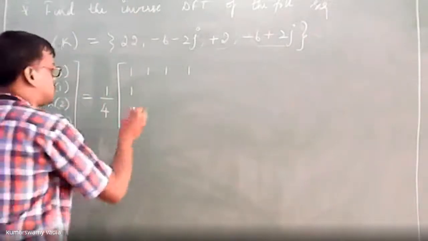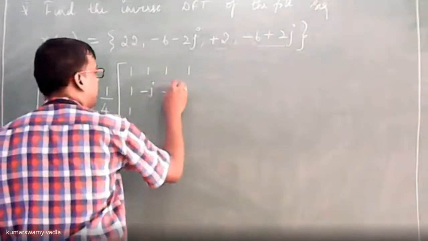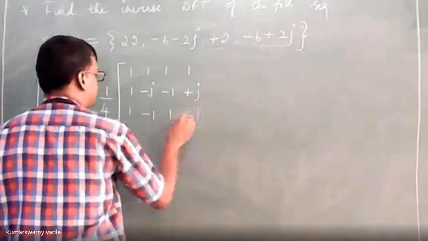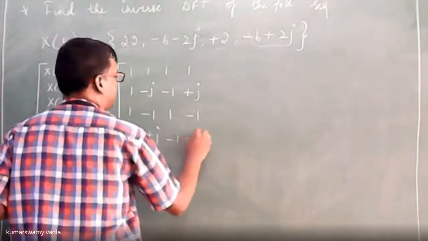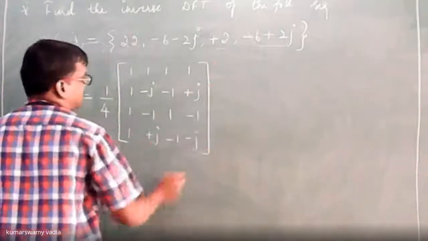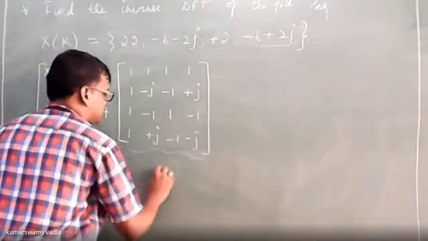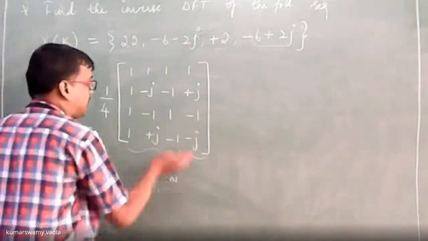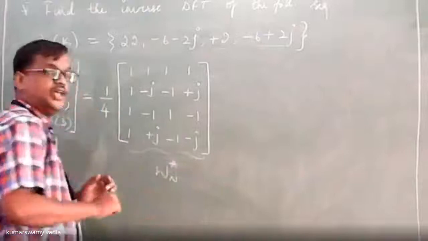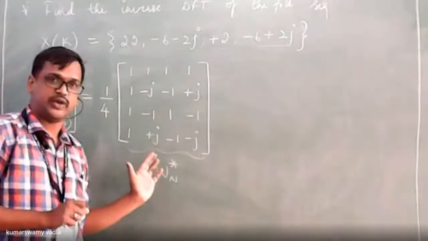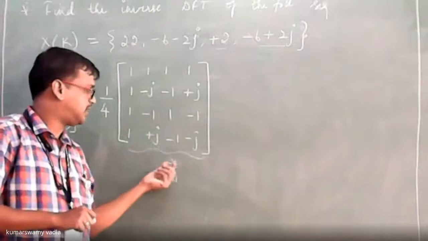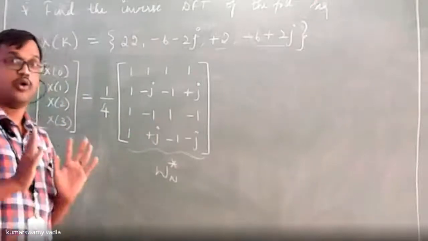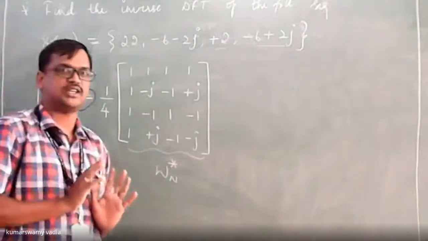In the previous case, you used to write minus j, minus 1, plus j, minus 1, plus 1, minus 1, plus j, minus 1, minus j, for finding the DFT; this was just the twiddle factor W of N. Now, as I am telling you, you need to go for the conjugate. The only change you expect is that plus j is replaced with minus and minus is replaced with plus, only for the j terms, the imaginary terms.